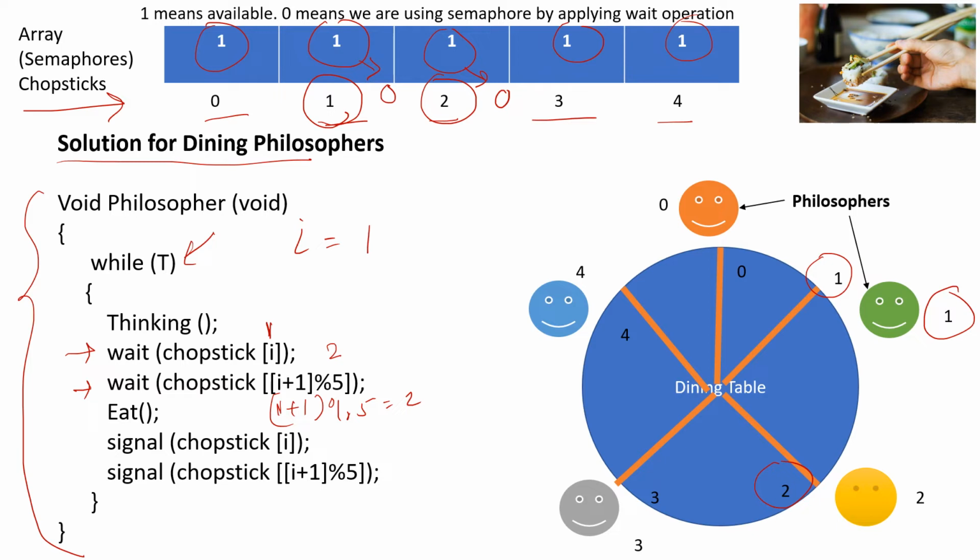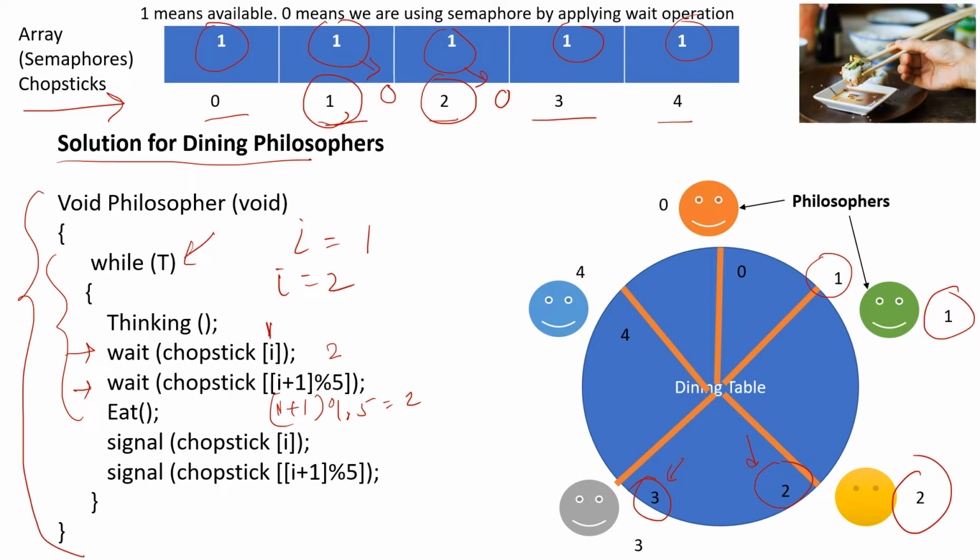Now at the same time, if philosopher 2 wants to eat, then for her also we have to run the same code. So for I equal to 2, what will happen? Philosopher 2 wants chopstick number 2 and chopstick number 3. Is it possible to assign chopstick number 2 to philosopher 2? No. Why?